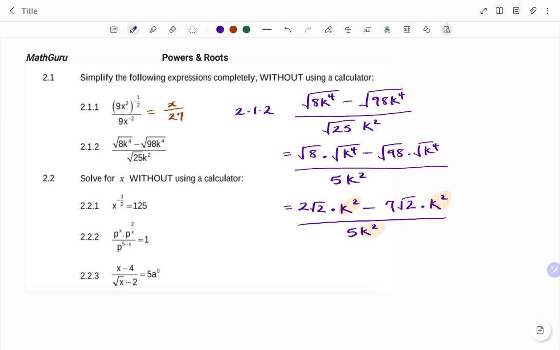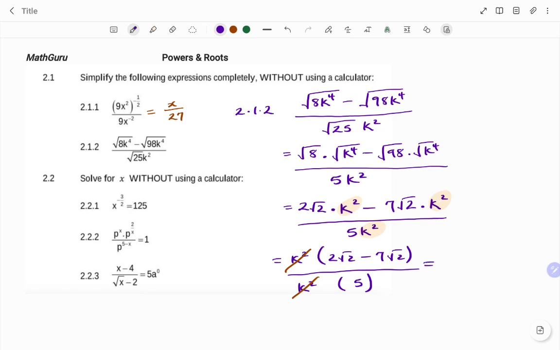If you look at each of the terms, there's a common factor. So taking out my common factor at the top, that's k squared, I'm left with 2 root 2 minus 7 root 2 divided by, I take out k squared, that's 5, k squared divided by k squared, that's 1.